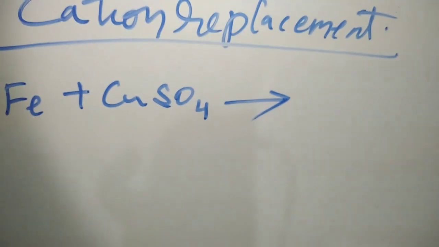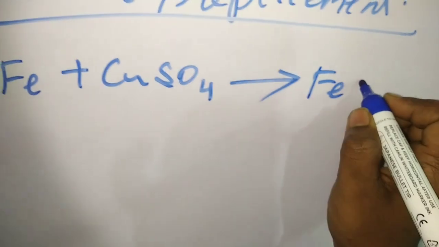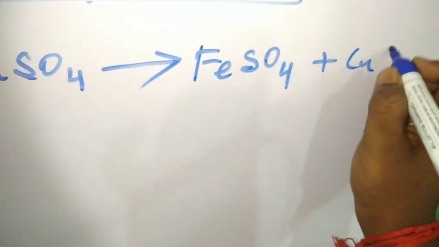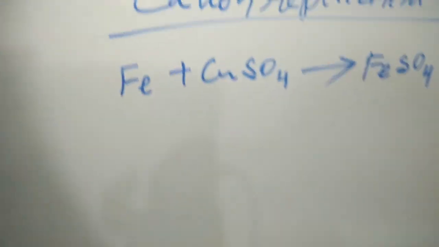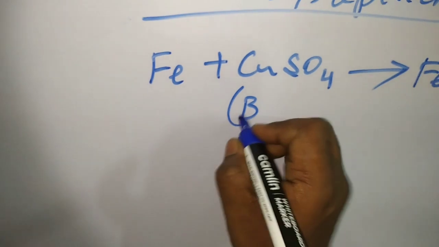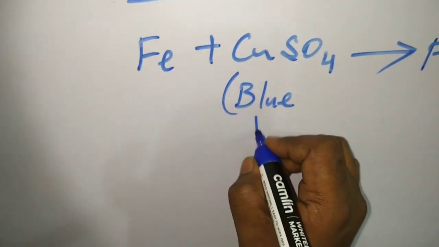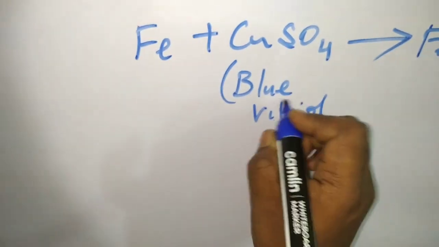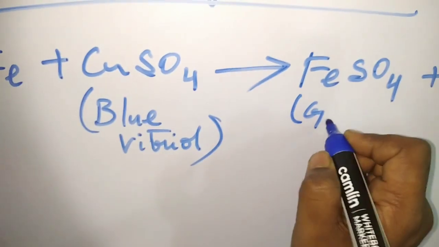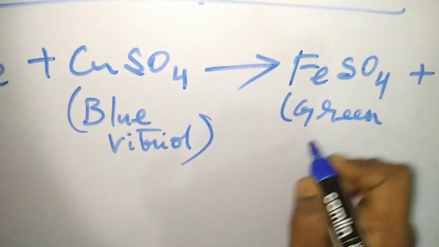It will form FeSO4 and copper as a precipitate. Now this copper sulfate is also known as blue vitriol, the common name for copper sulfate, and FeSO4 is known as green vitriol.